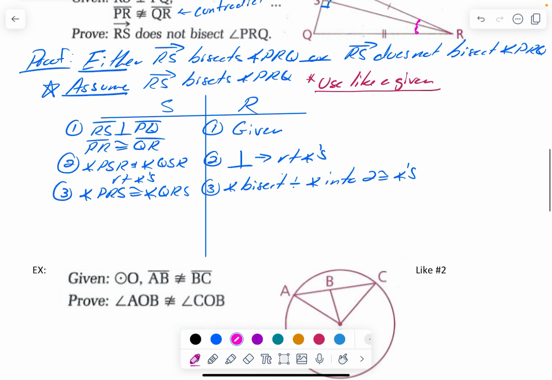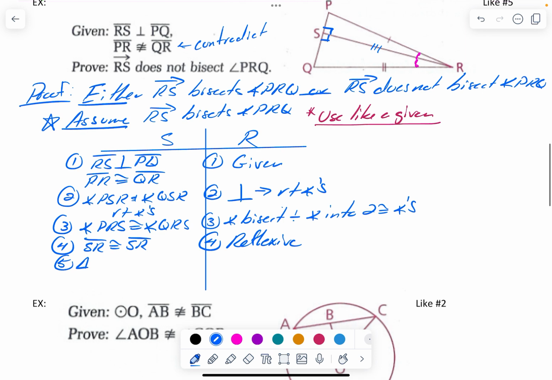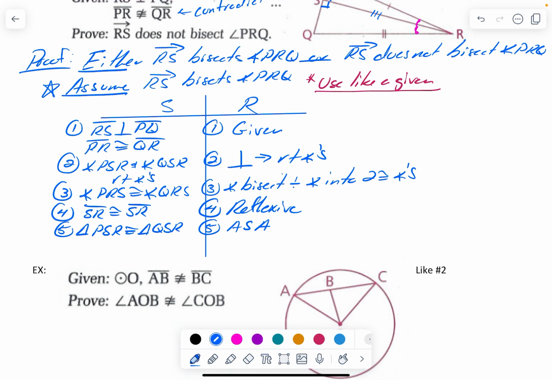And then we have, trying to prove these triangles are congruent, we can say SR congruent to SR, reflexive. And so we have this. And so now we can say triangle PSR congruent to triangle QSR by angle side angle. Oh, I forgot something. I'm gonna squeeze it in here.